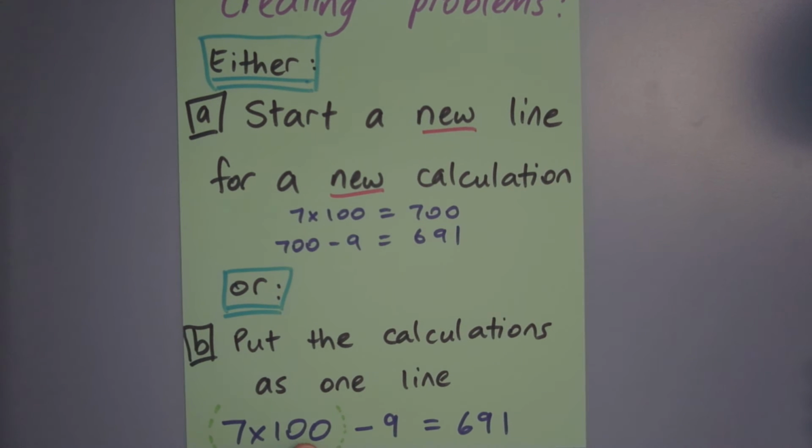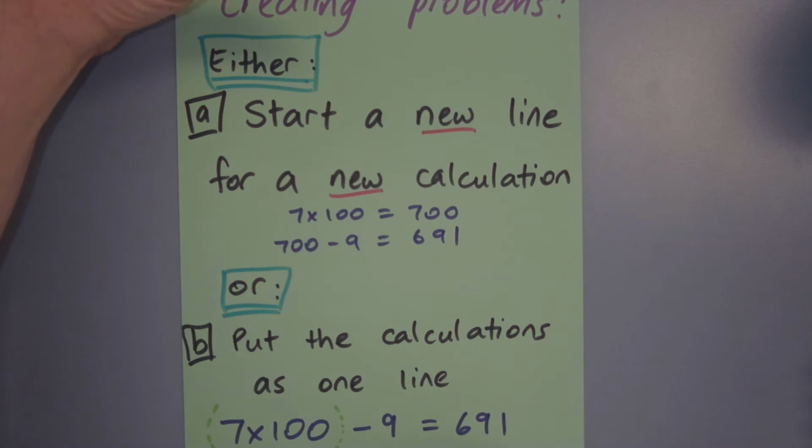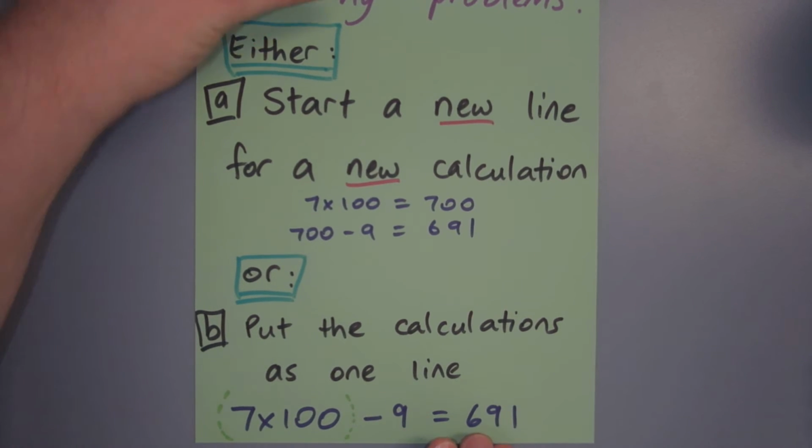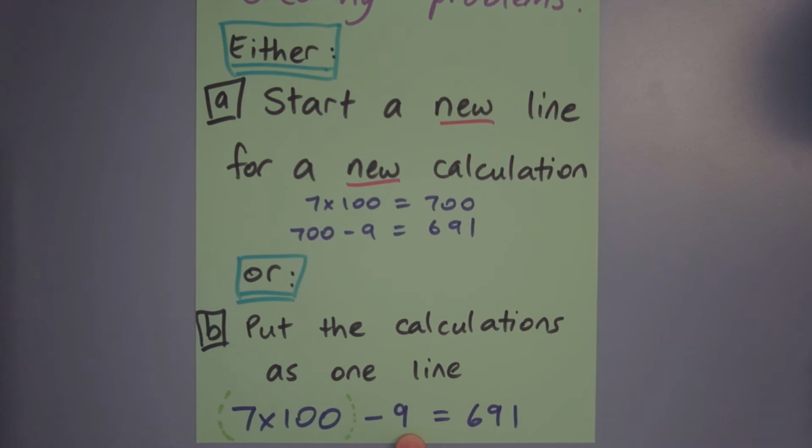So doing 7 times 100 together. I put brackets in dots here because you don't have to have those in brackets. The multiplication will happen first, but I sometimes like to have a bit of confidence with that. You've done the 7 times 100, and then you subtracted the 9, and you've done it all as one thing to get 691 as the answer.